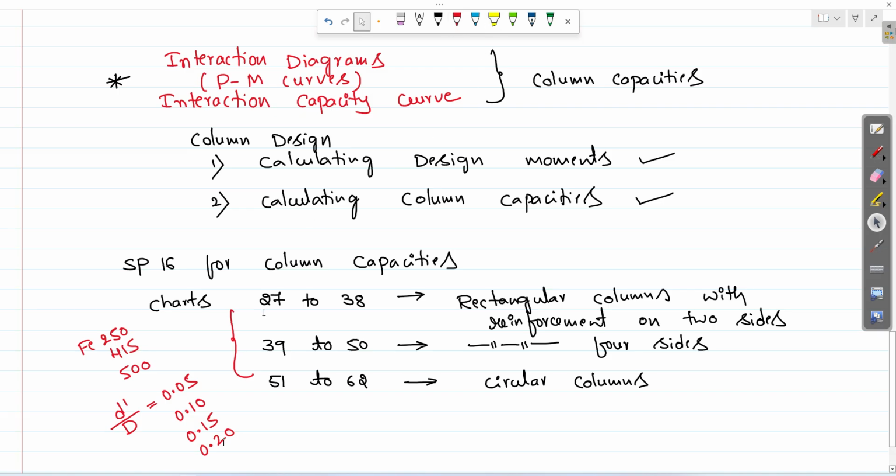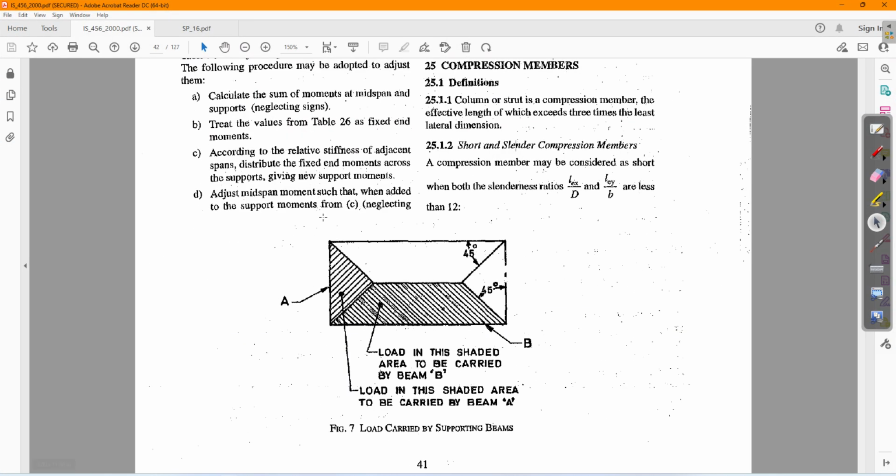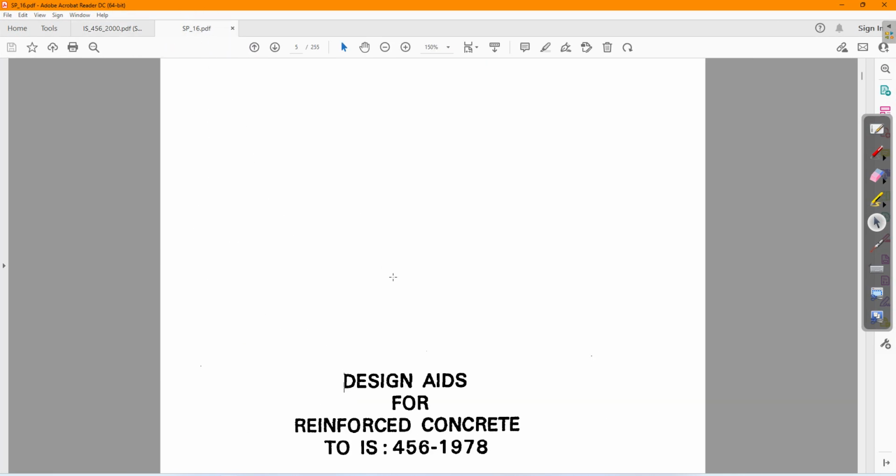So charts 27 to 62 have been prepared for three grades of steel with four values of cover ratio.